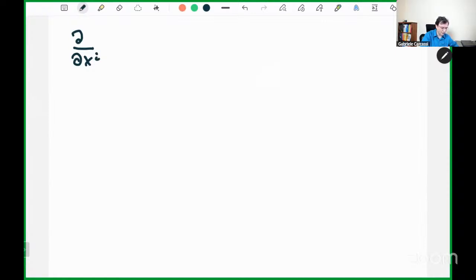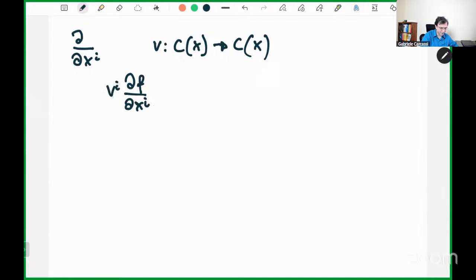And so a vector v would be something that takes a function, so a continuous function on our space X, and returns another continuous function on our space X. So this thing, for example, would get the derivative of f in a particular direction. So this would be a vector, and the vector would be basically a derivation in a particular direction, and this is just another function.